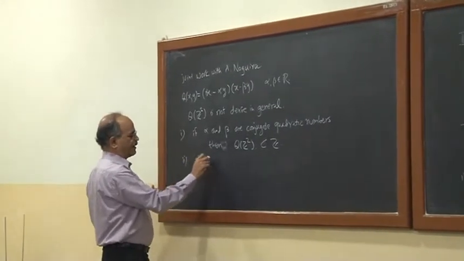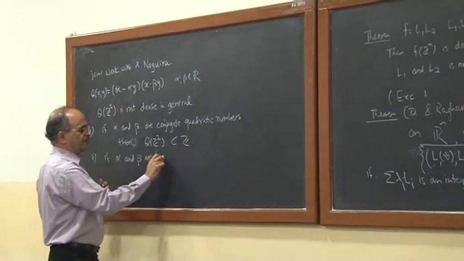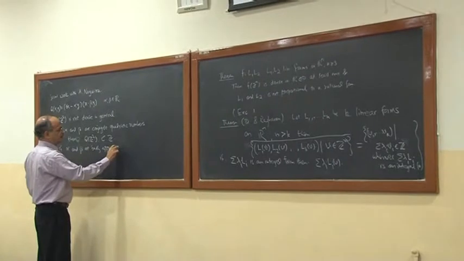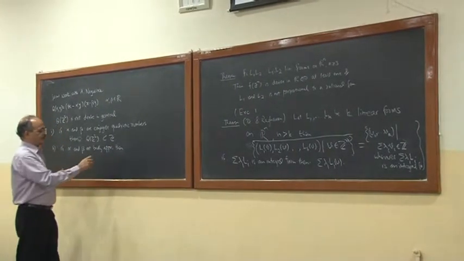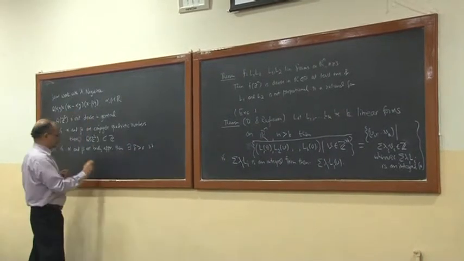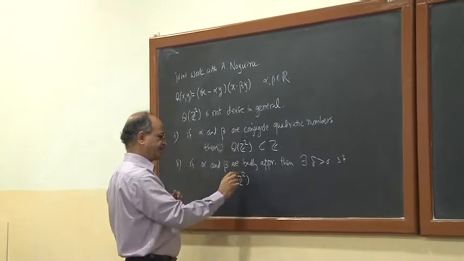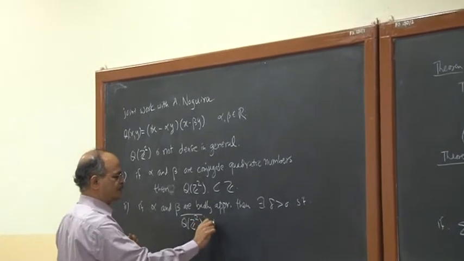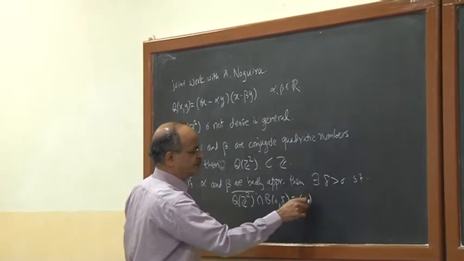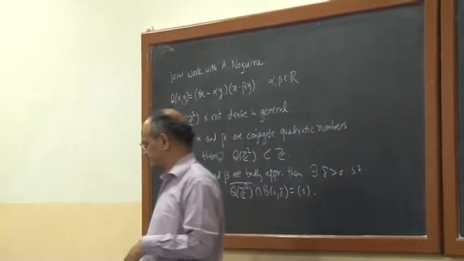So if alpha and beta are badly approximable, then there exists delta greater than 0 such that the closure of Q of Z2 avoids the delta neighborhood of 0 except for the mandatory 0.